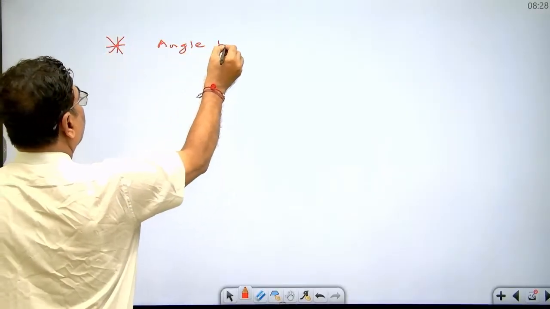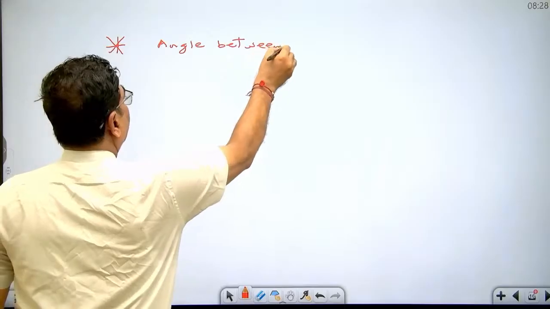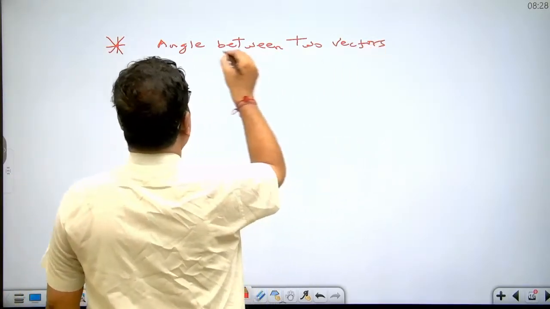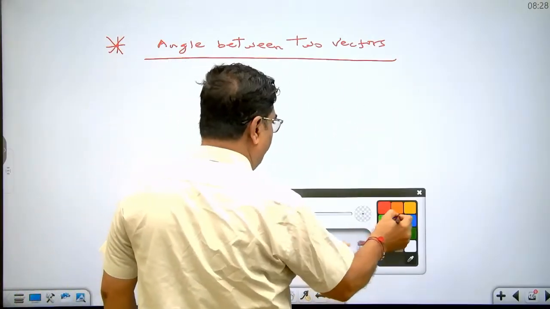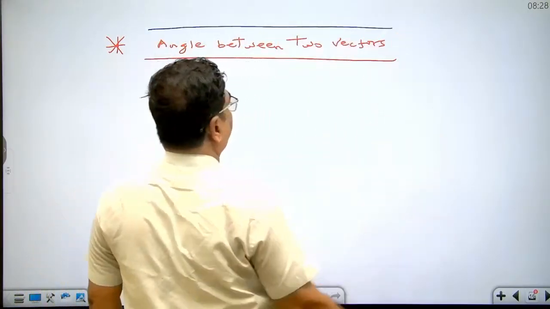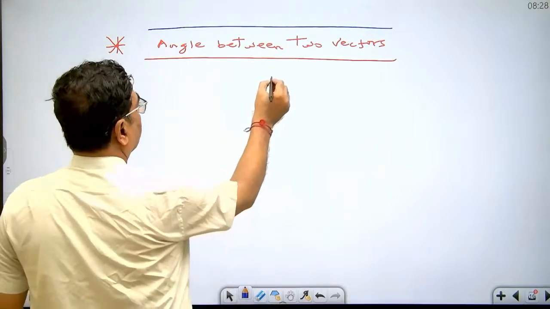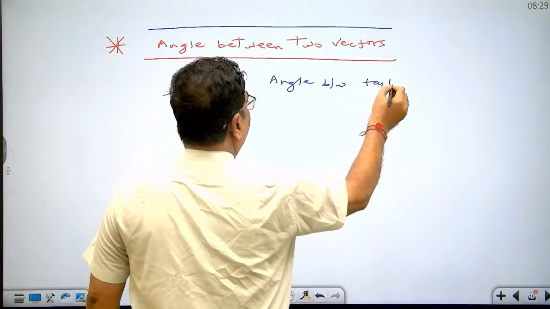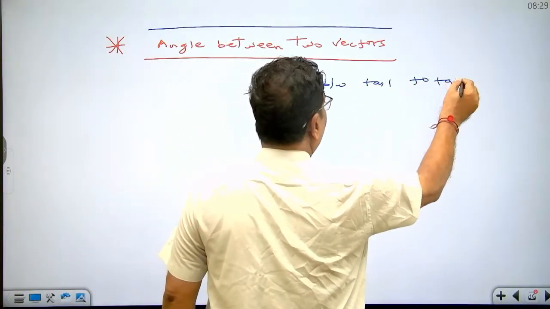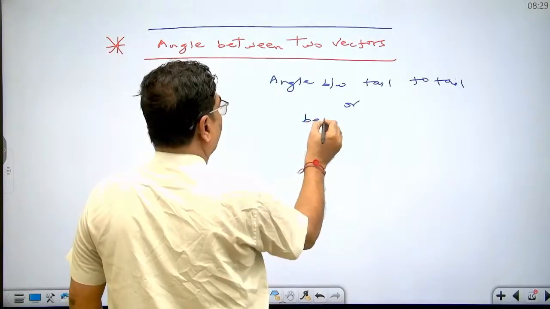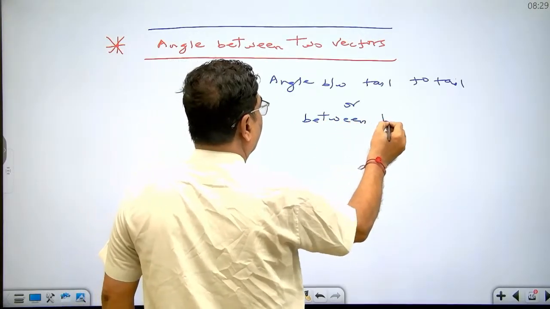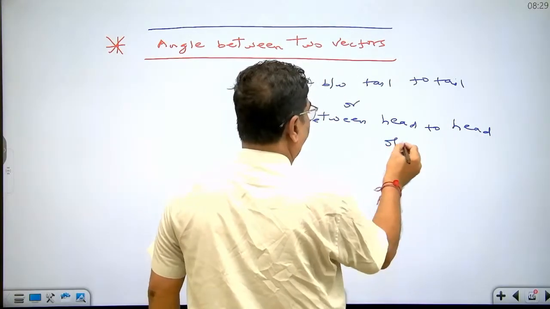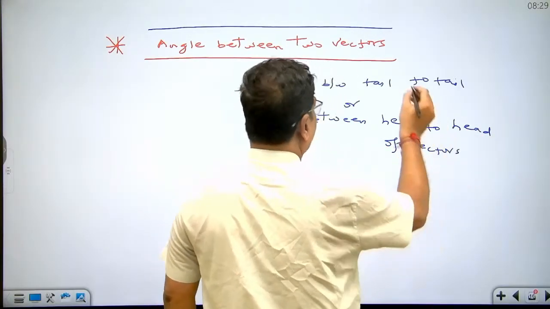The angle between any two vectors is the angle between tail to tail or between head to head of the vectors.